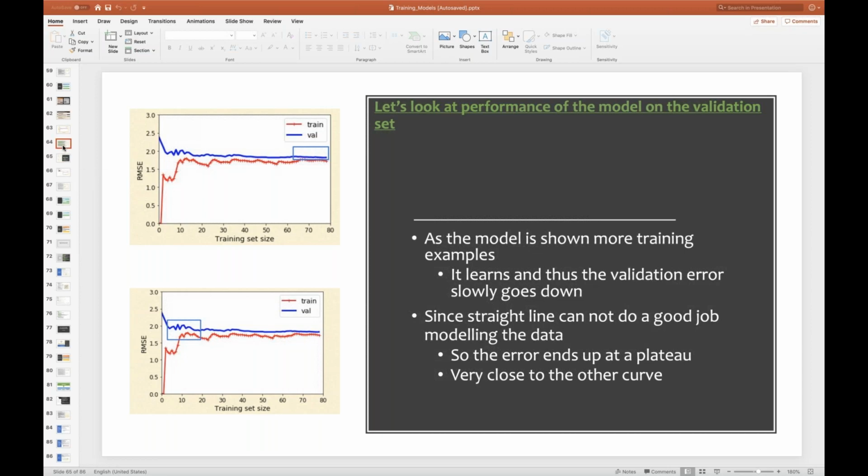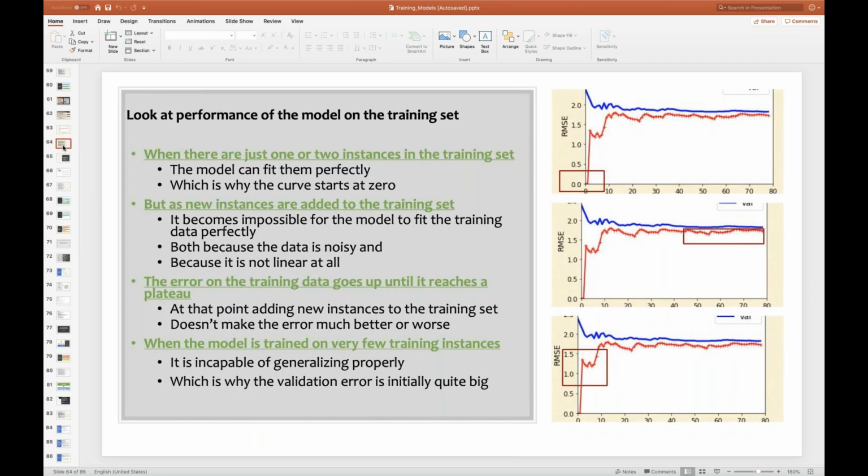The next thing is we also did an evaluation of the performance of the model on the training set, and what happens if a new set of features is added to the existing training set, and how the error looks when you are dealing with the training set. This is the one diagram.